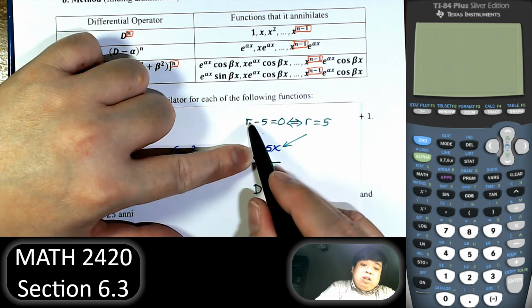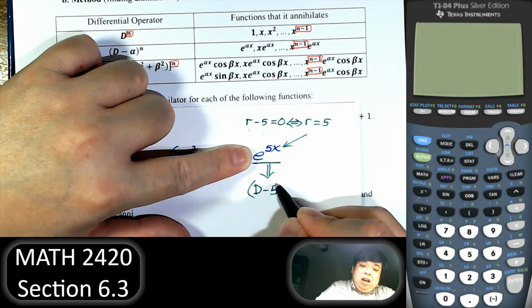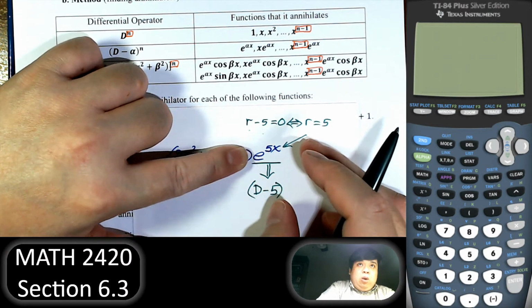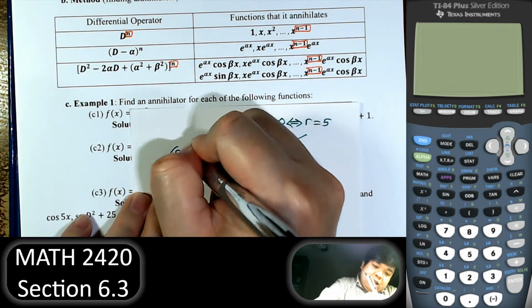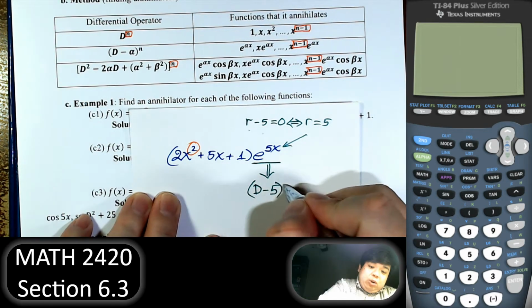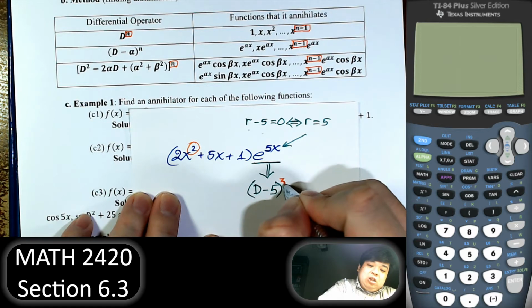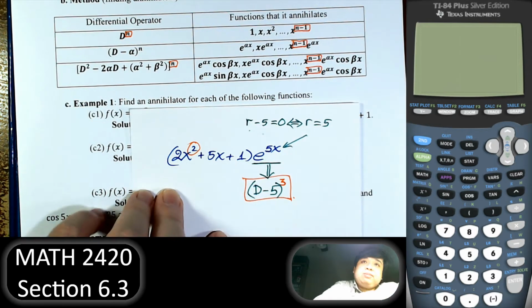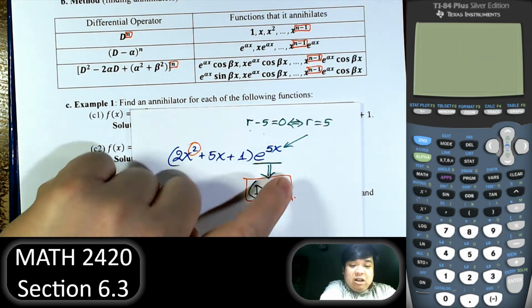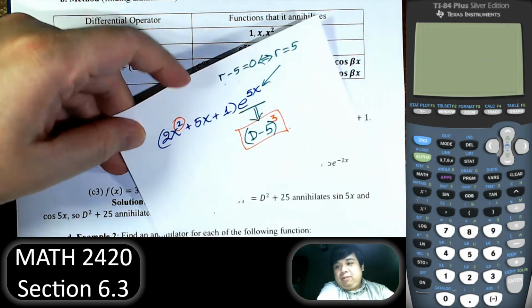And now we replace r by d. That is the annihilator. Now, we multiply by the annihilator of the polynomial of the second degree. To annihilate the second degree, we're going to need a power that is 1 more, so this is the annihilator of the whole thing. Right.